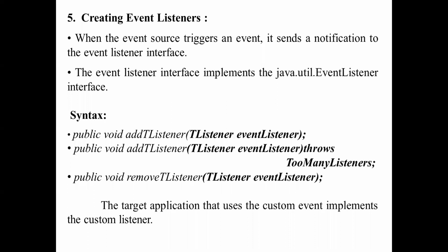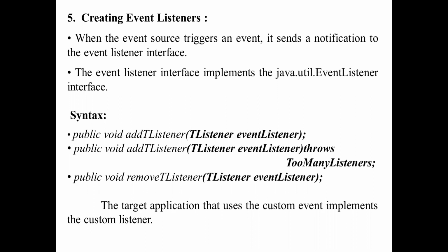The syntax will use java.util.EventListener. In EventListener, the E and L are capitals because it is case sensitive. So this is an interface, and that is the syntax. So public void add, where T is the argument, T listener, of type event listener.